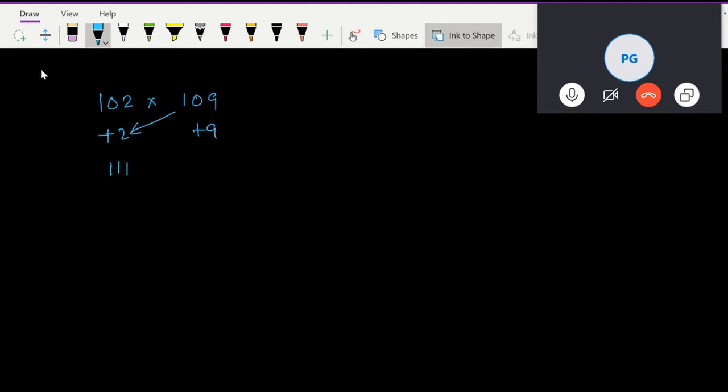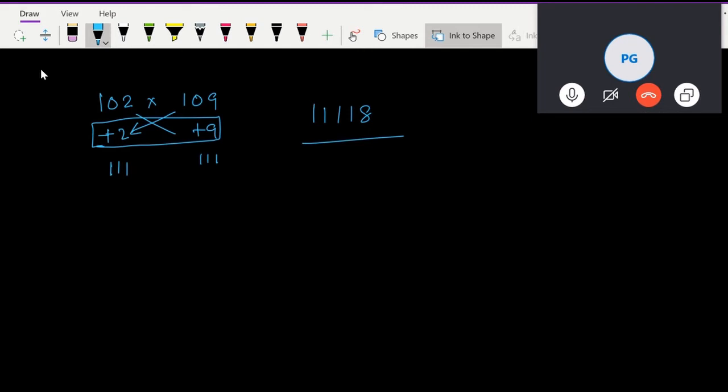So 111. If I do this, this will also be 111. Right? So 111 and I multiply these two. 9 into 2 is 18. Right? You getting the point? Yes, sir.